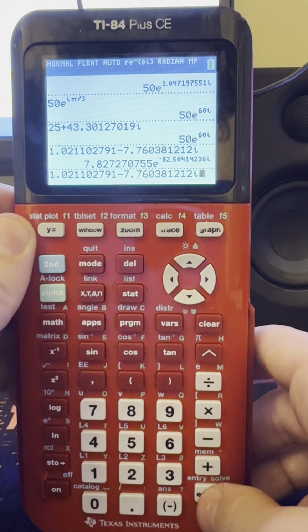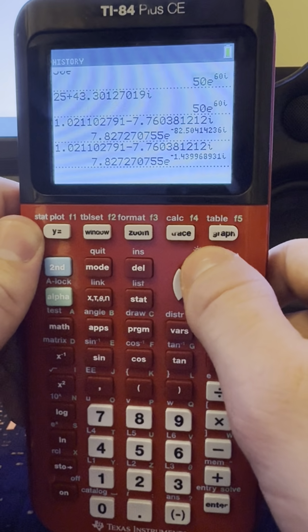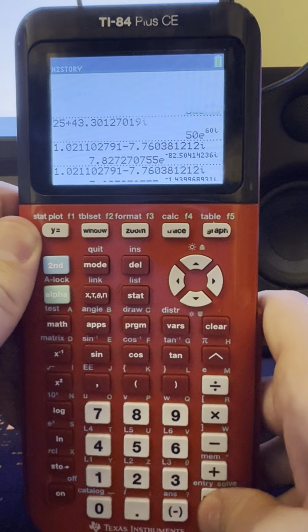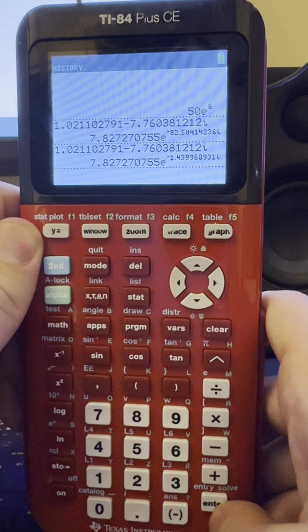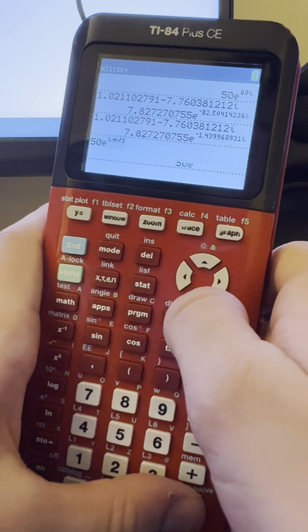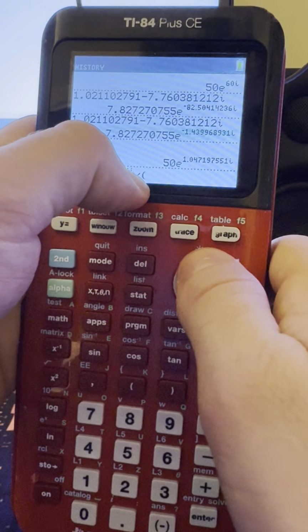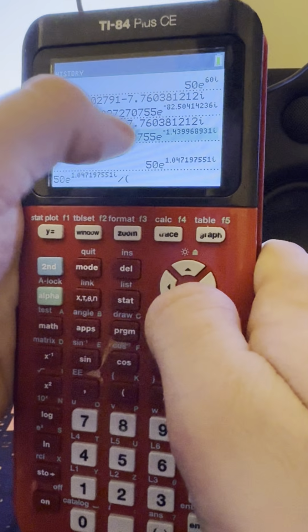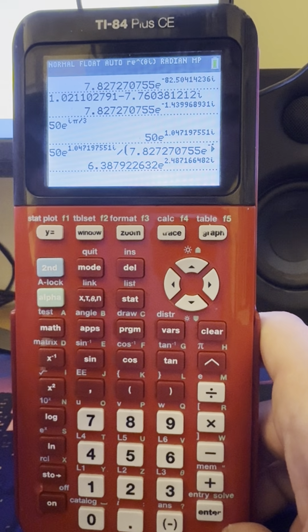So if I have this as my impedance, and this as my power source, you can say, okay, I take this, and then I divide it. You have to put a parenthesis here. This is very important, or else it'll divide by 7 and then multiply by e. But you can do this, and it would divide them for you.